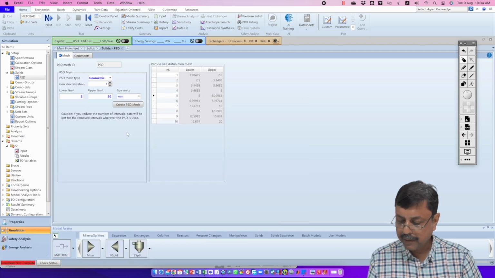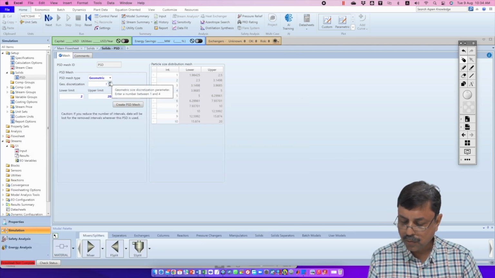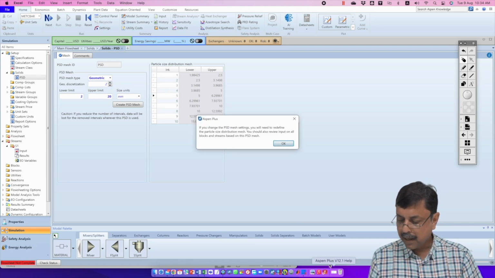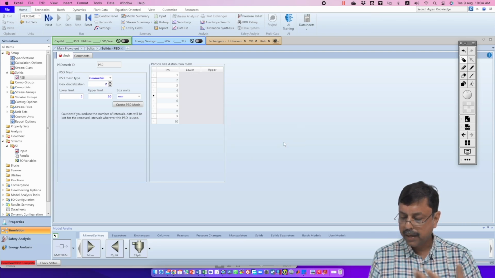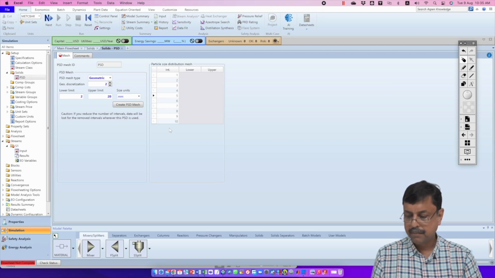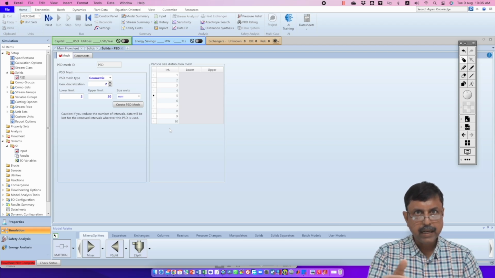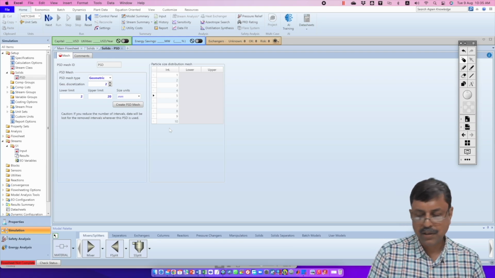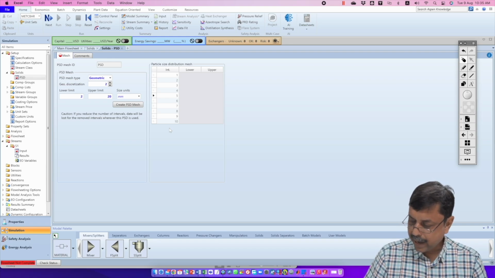Now, what is this discretization 2, geometric discretization 2? If you increase it like this, then here also you can create a mesh size such that the ratio, the du by dl, will be square root of 1.592.